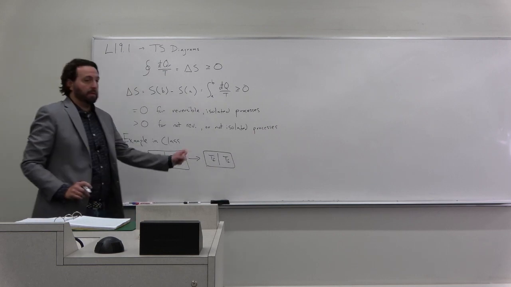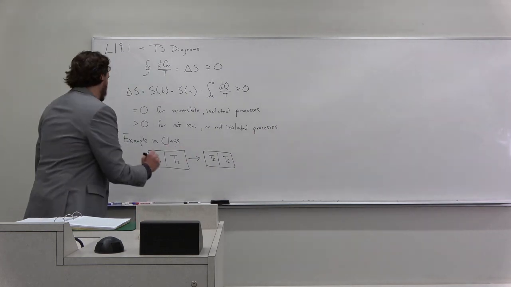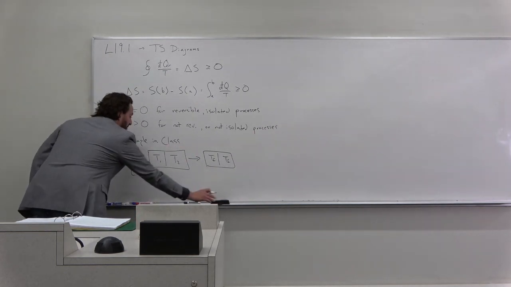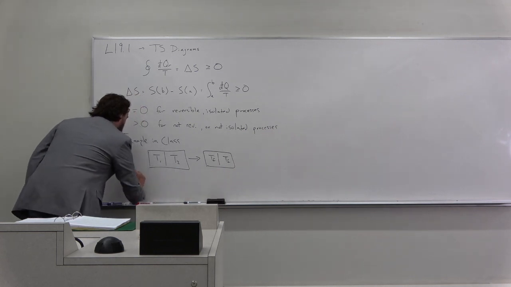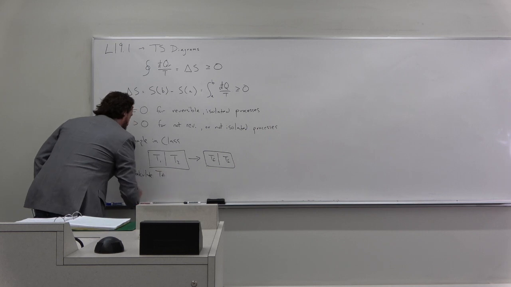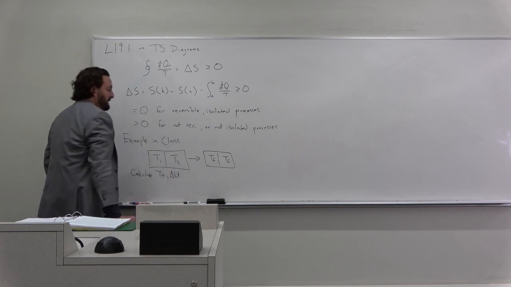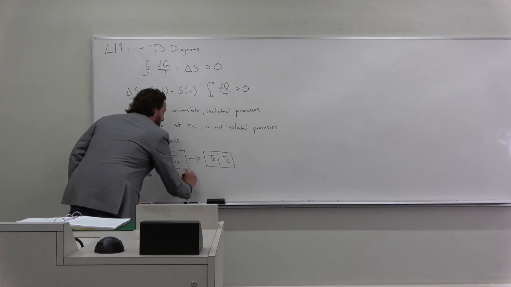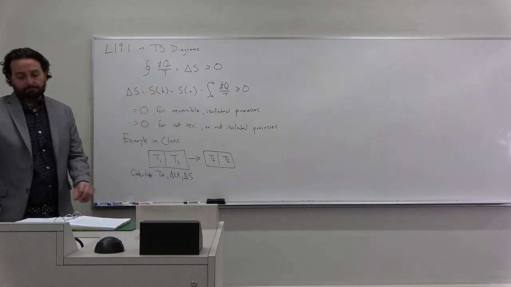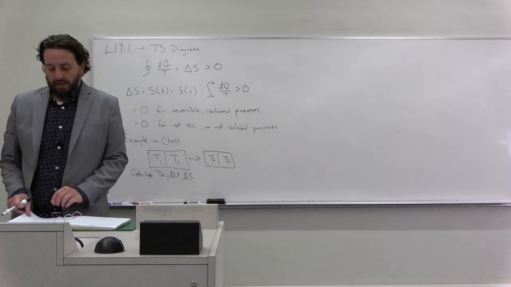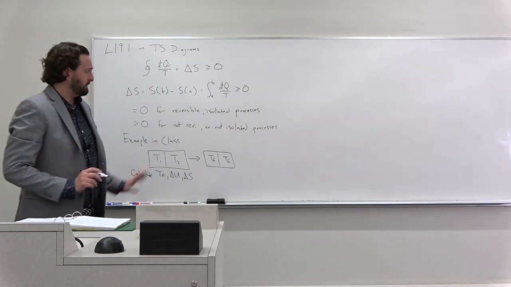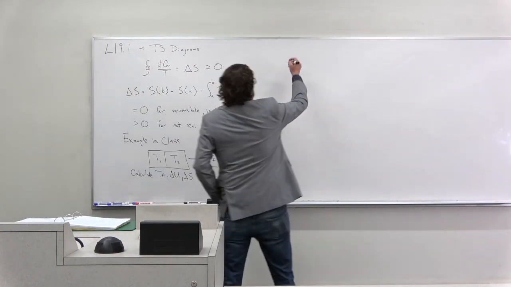We should be able to calculate TF, calculate the energy change in this process, and also calculate the entropy change in this process. We're going to do that example in class, so we're going to skip it in the lecture.